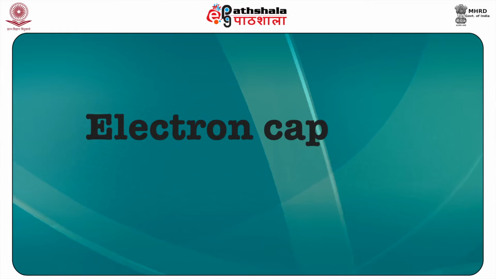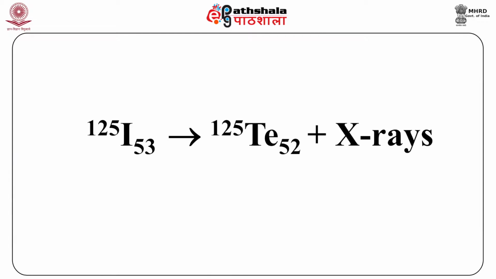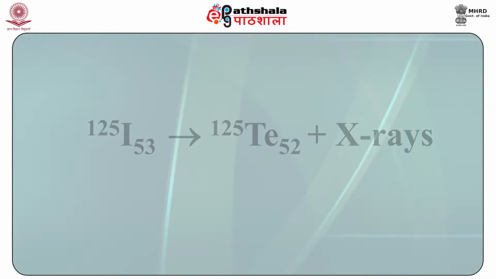Electron capture is another method. In this decay, a proton captures an electron which is orbiting in the innermost K shell. Now you can see the equation here. The proton becomes a neutron and electromagnetic radiation, which is known as X-rays, is released. Here we have shown the example of iodine-125 getting converted into tellurium-125, plus X-rays given off.